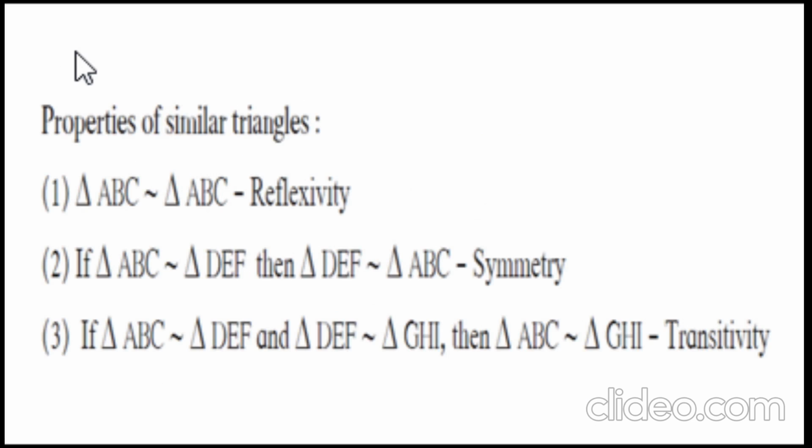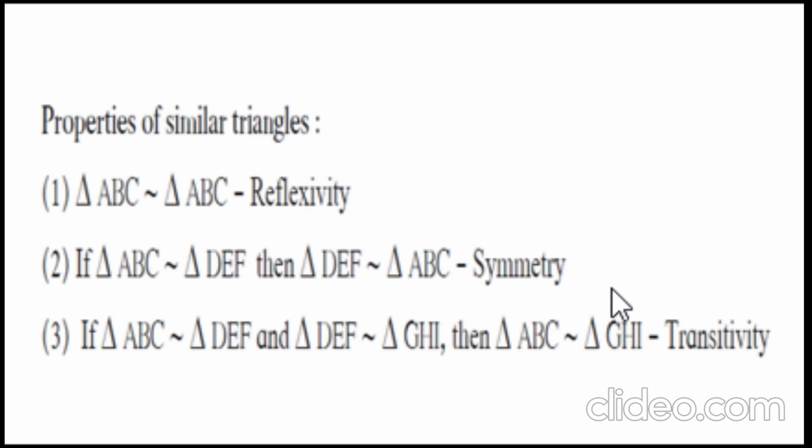Now there are some properties of these similar triangles. Property number 1: triangle ABC is similar to triangle ABC. It is known as reflexivity. A given triangle is similar to itself. Property 2: if triangle ABC is similar to triangle DEF, then triangle DEF is similar to triangle ABC. The first triangle is similar to the second one, and the second triangle is also similar to the first one.